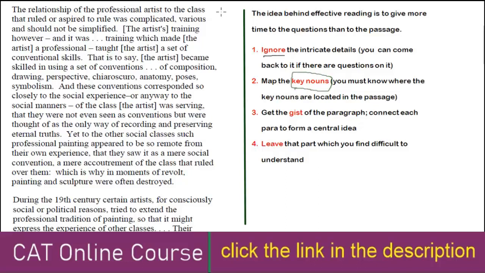So for example, this is one paragraph. Sometimes paragraphs can be very, very long, and in fact one entire passage could only have two paragraphs. So you have to get the gist of every paragraph, and you have to connect the gist of each paragraph to form the central idea. And the last says that leave that part which you find difficult to understand.